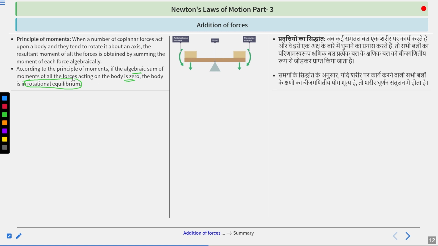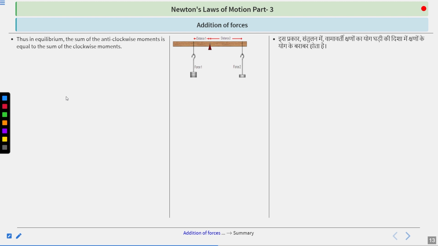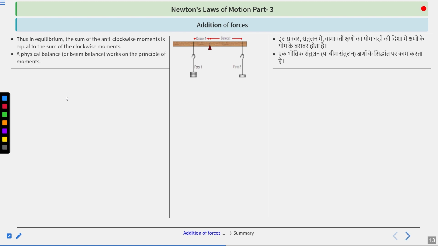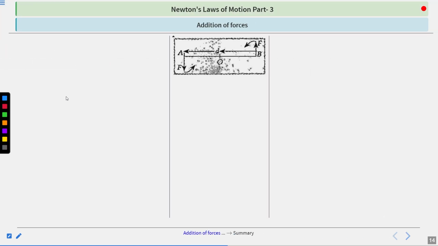If it has some value, rotational equilibrium will not be there. If it has no value, rotational equilibrium will be there. Thus in equilibrium, the sum of anti-clockwise moments is equal to the sum of clockwise moments. That's why the net effect is 0. Our physical balance or beam balance works on the principle of moments.